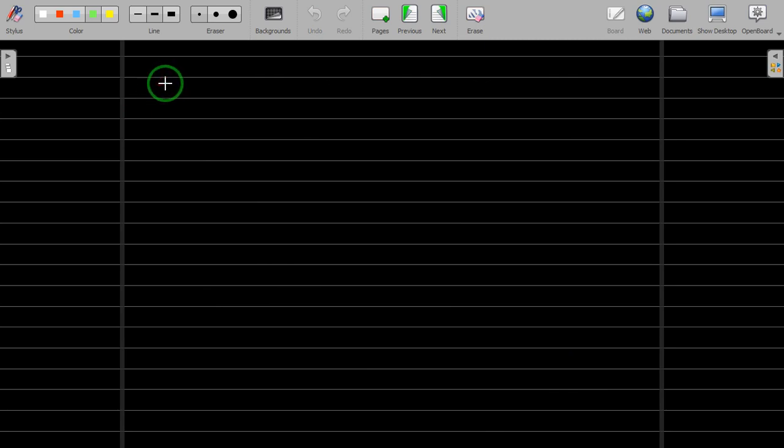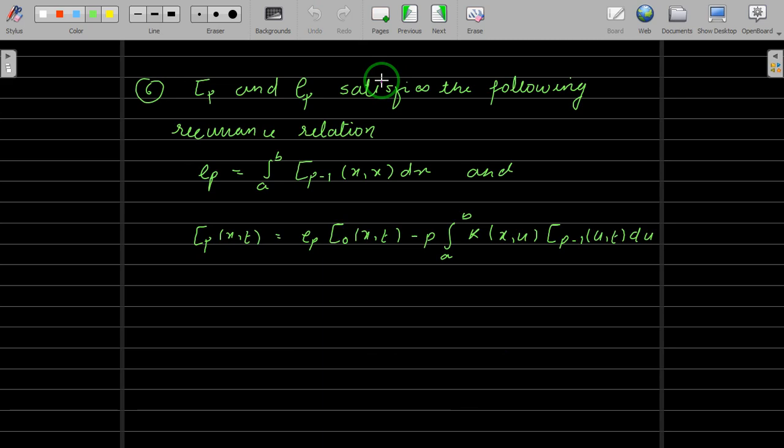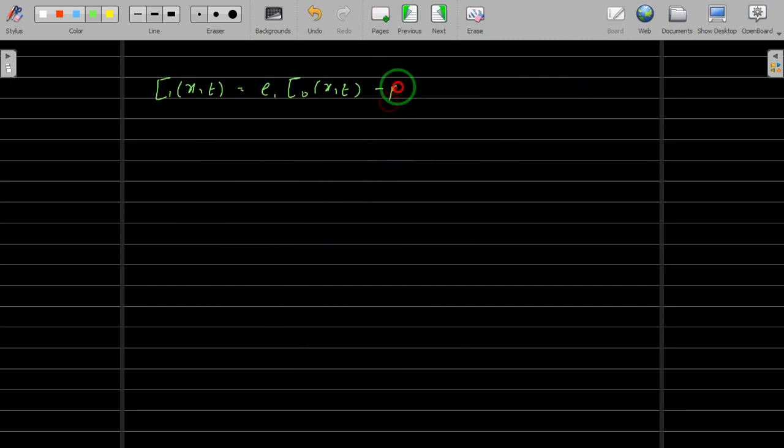So in your case your capital C1 of x comma t will become c1 times capital C0 of x comma t, this we know, minus p, now in our case p is equal to 1, minus 1 times the integral from 0 to 2 pi of k of x comma u, then capital C of p minus 1, so in this case 1 minus 1, of u comma t du.